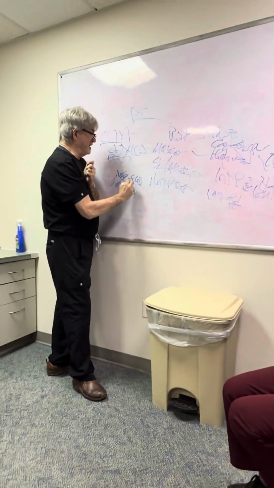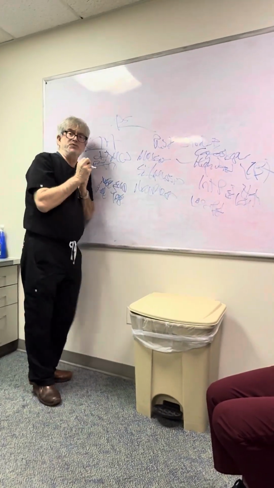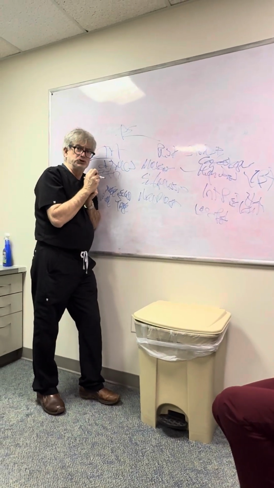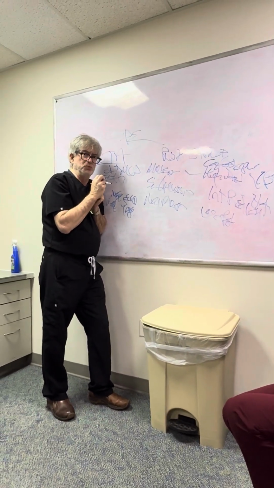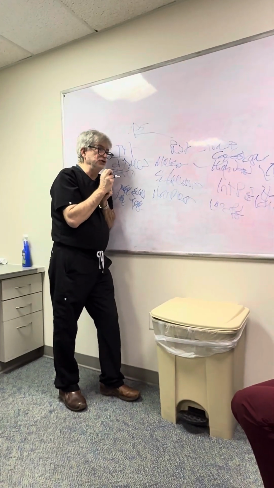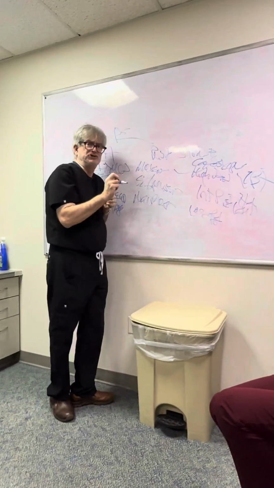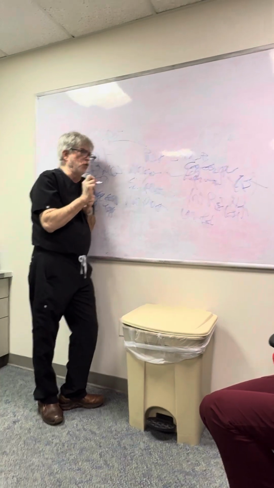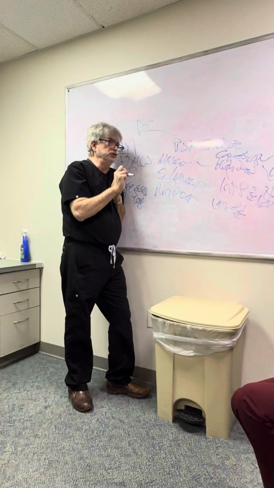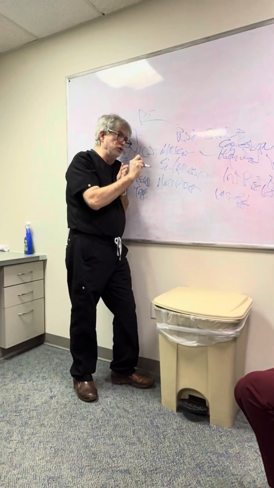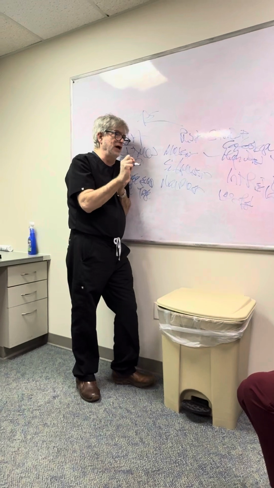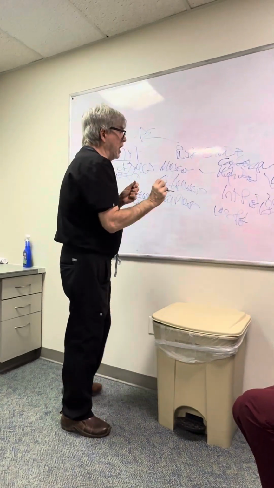So the imaging, an echo would reveal something called McConnell's sign, where you have an RV hinge point where the RV apex moves normally, but not the RV free wall. Okay, that you see with PE. More sophisticated, there's something that the echocardiographers do called a TAPSE, tricuspid annular pulmonary systolic excursion.